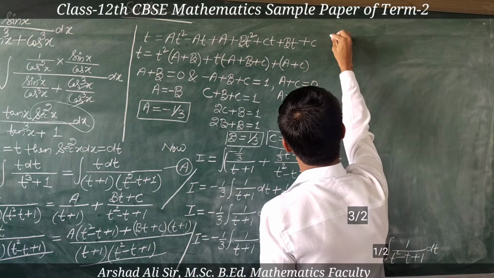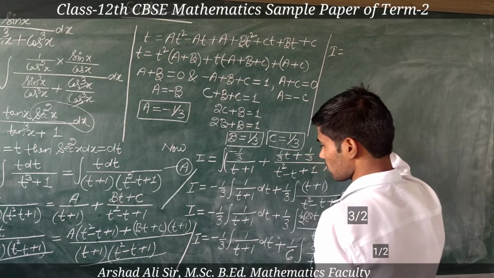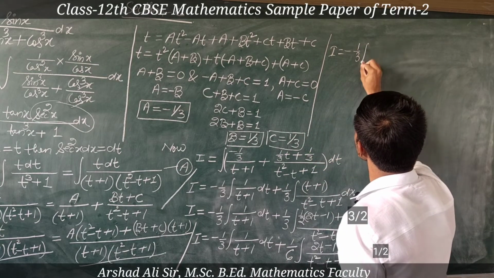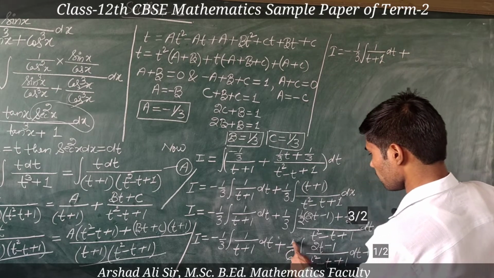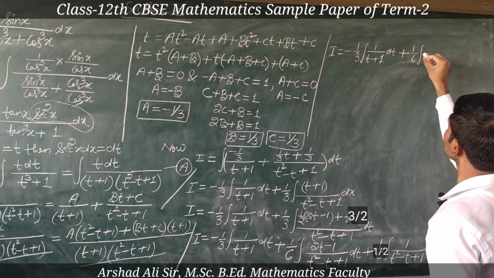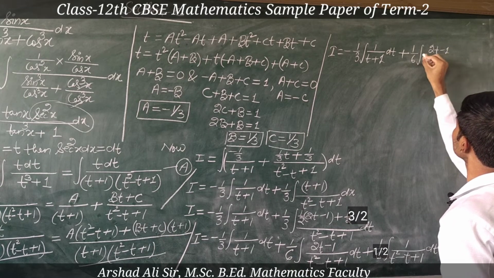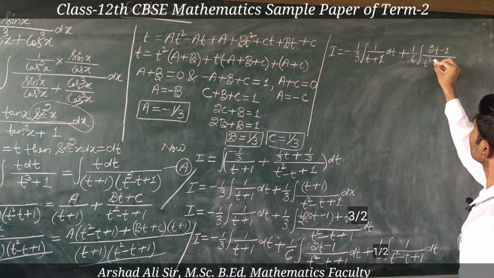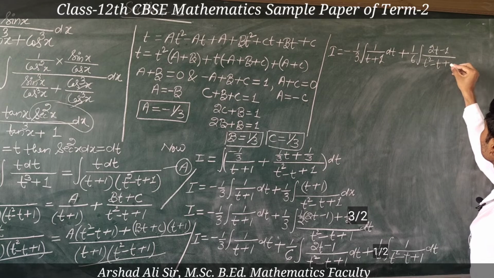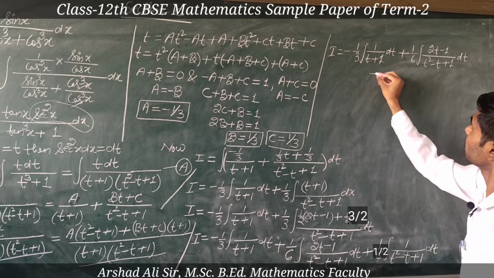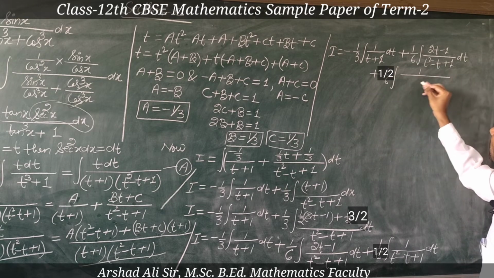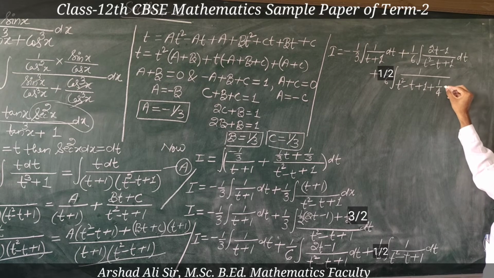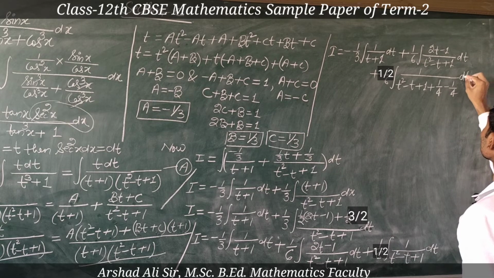So here we can write I is equal to minus 1 upon 3 integration of 1 upon t plus 1 dt plus 1 upon 6 integration of (2t minus 1) upon (t square minus t plus 1) dt, okay, plus 1 upon 6 integration of 1 upon (t square minus t plus 1). We will add 1 upon 4 and subtract 1 upon 4 to make it perfect square form.